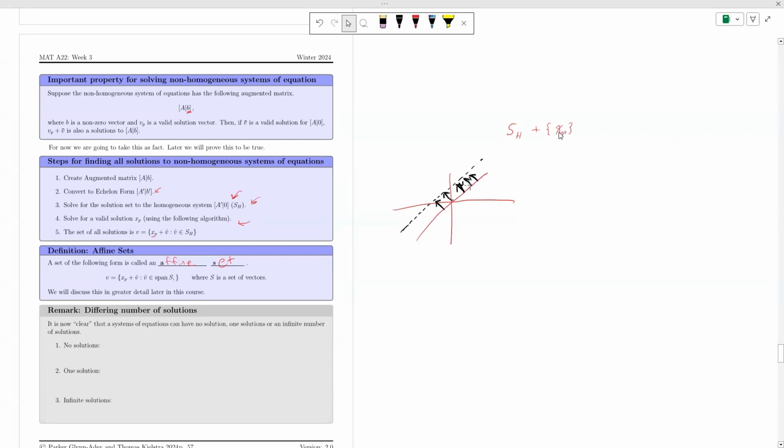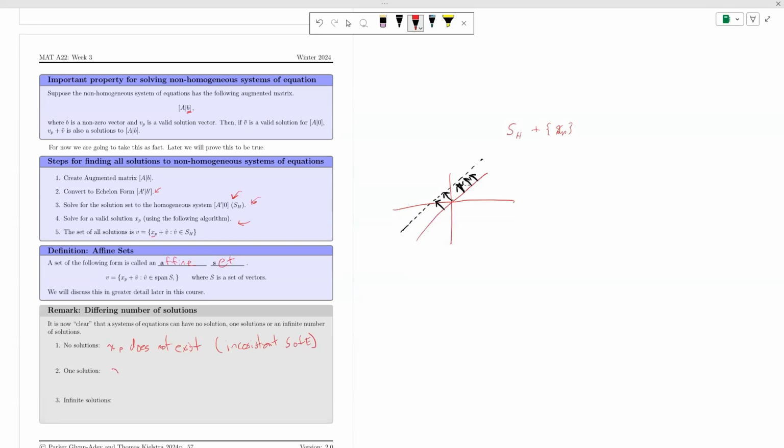And in the particular solution, we could have no valid vector, or we could have a valid vector. So we can have no solution. That is, XP does not exist. And this is our inconsistent systems of equations.